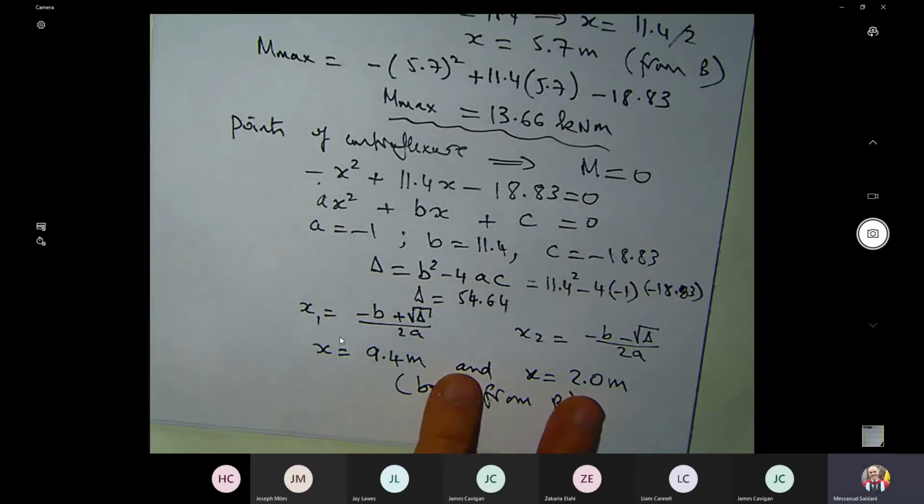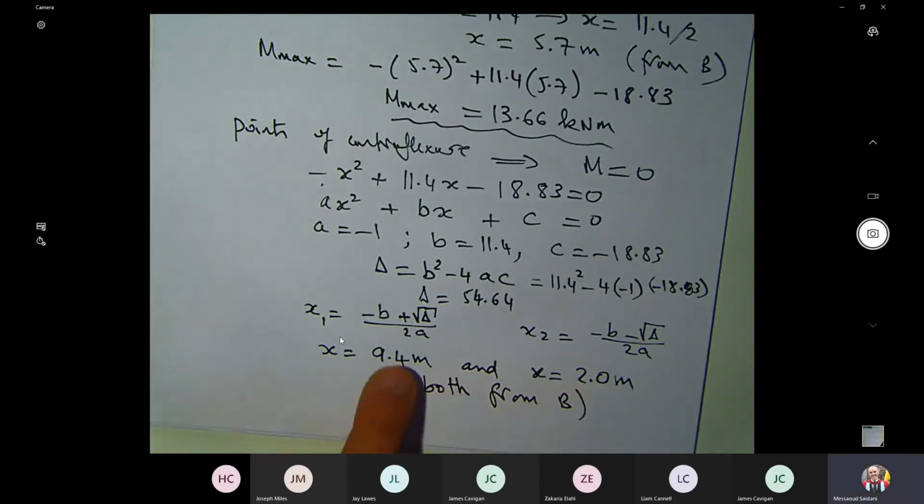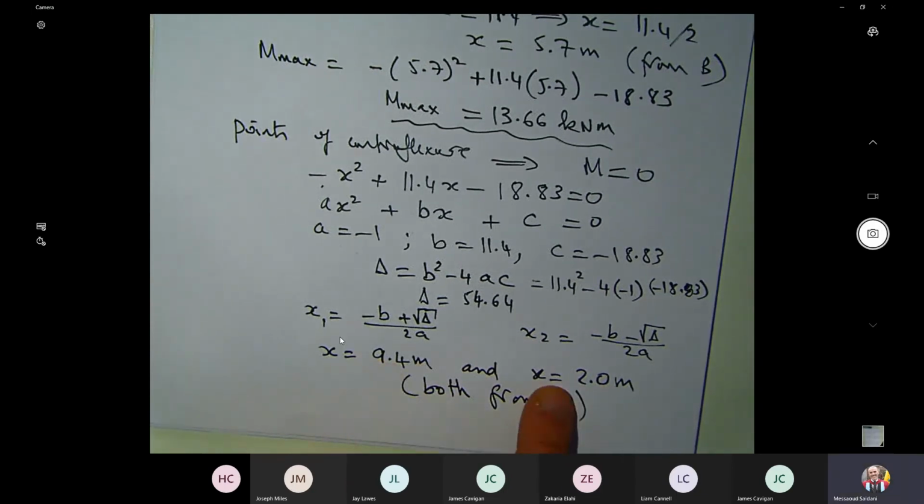Are these solutions acceptable? Yes, because that's less than 10, and that's also less than 10.